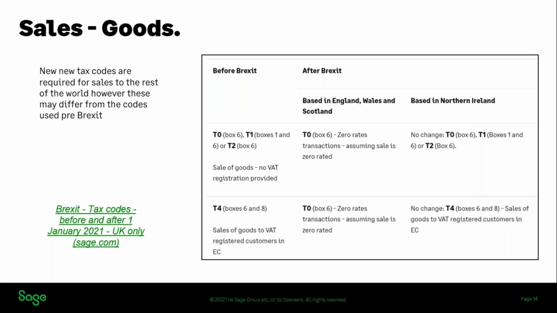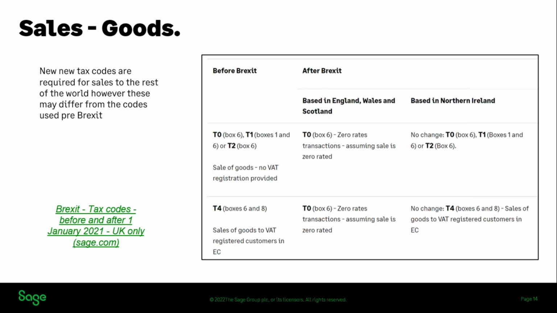So just really briefly, just to explain here, as you can see, before Brexit, you would normally be using T0, T1 or T2 on transactions that are a sale of goods. And afterwards, we're looking at the same tax codes, but they might have changed up a little bit as to the scenarios when you would apply those.